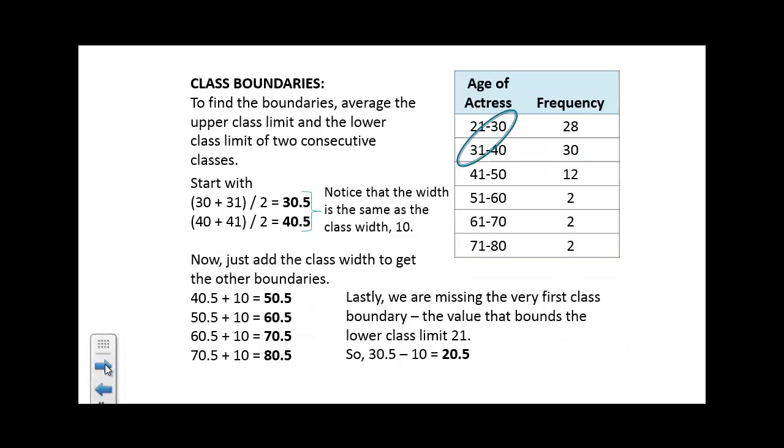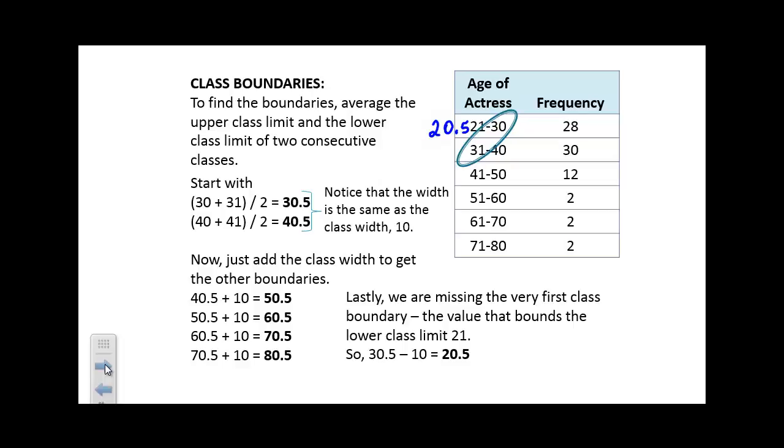Now, class boundaries. The class boundaries are the values that are outside the classes. Each class has 2 boundaries. All the work's done for us, but I'm going to go ahead and write down what the class boundary for the first class, 21 to 30, is. The first class boundary is 20.5.